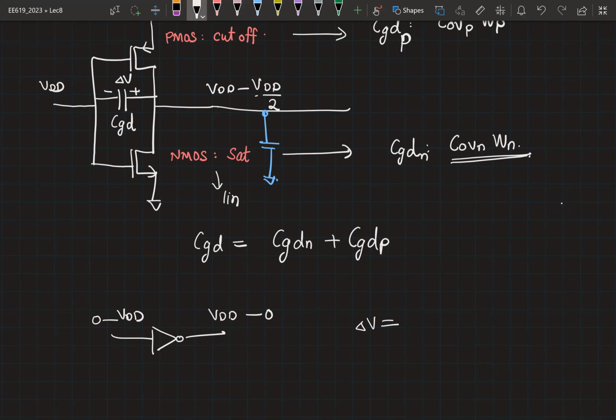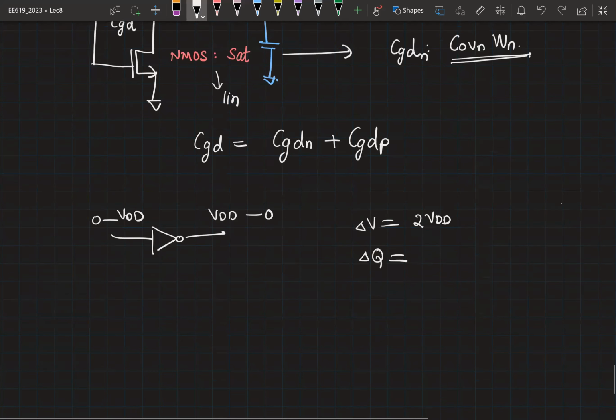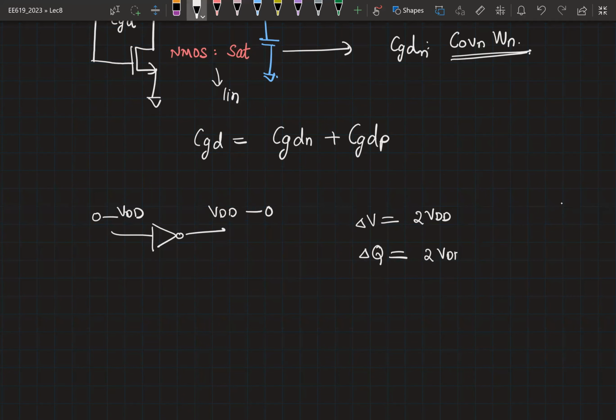It is twice VDD, right? One node is going from 0 to VDD. The other node is going from VDD to 0. So the total change seen across this capacitor is 2 VDD. So what is the total charge associated with this change in voltage? That will be 2 VDD into CGD.